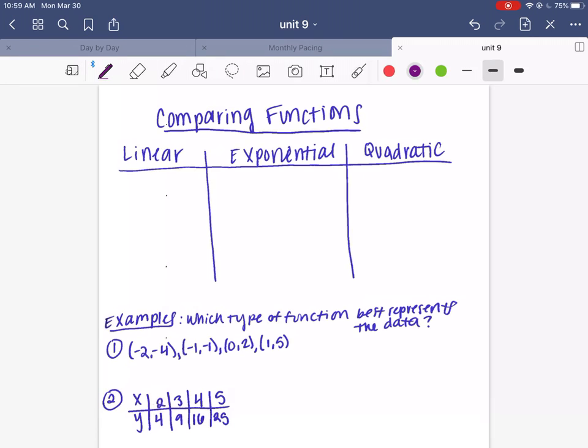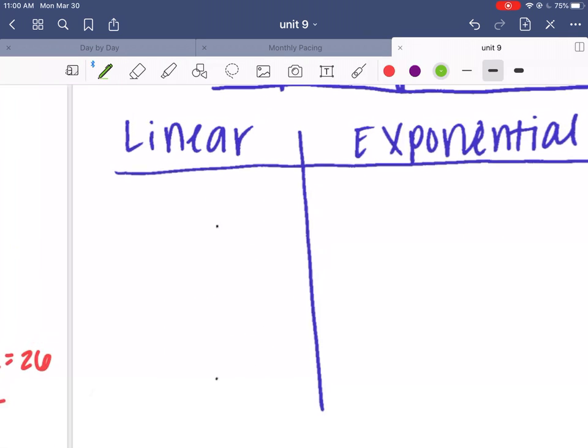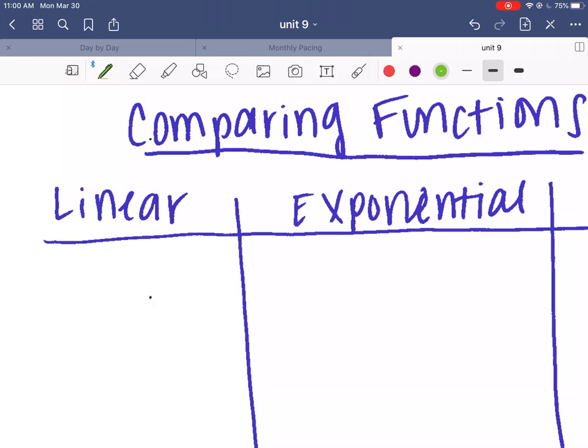So this lesson is looking at comparing the three different types of functions that we've learned about in Math 1. The first was linear. We spent a good amount of time on that. You also came in from 8th grade having learned a lot about linear. Remember, the equation is y equals mx plus b. That's slope-intercept form.